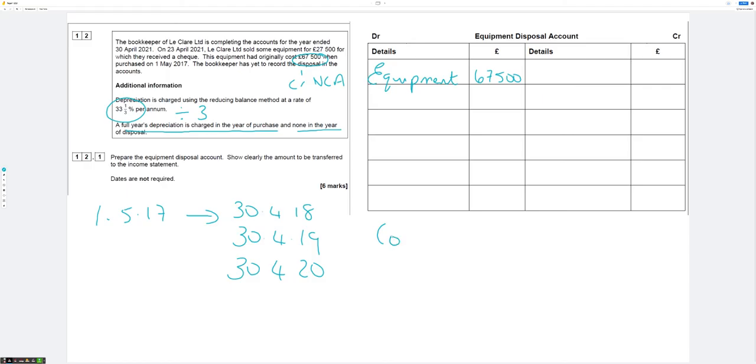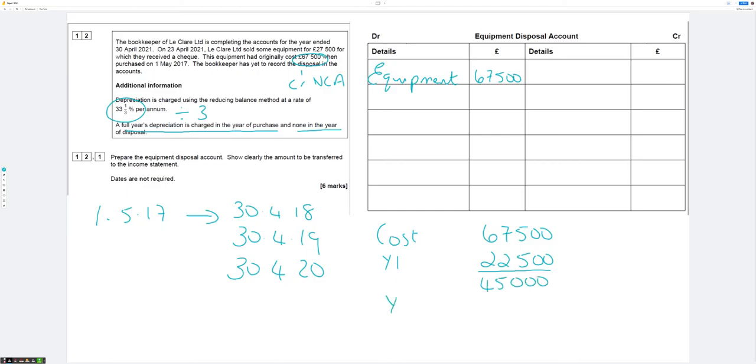The original cost was $67,500. In year 1, the depreciation would have been a third of that, so $67,500 divided by 3 is $22,500, which leaves us with a net book value at the end of year 1 of $45,000.